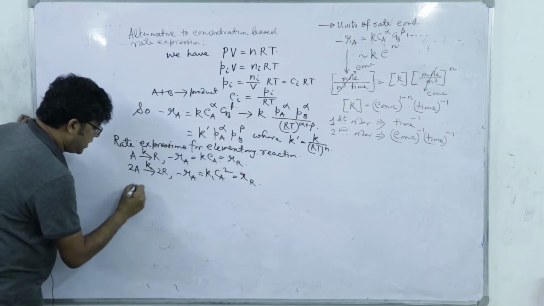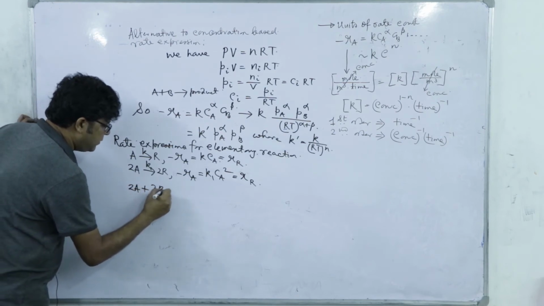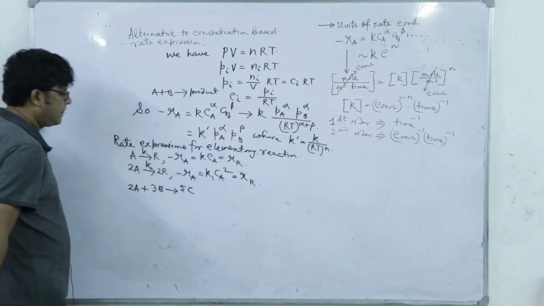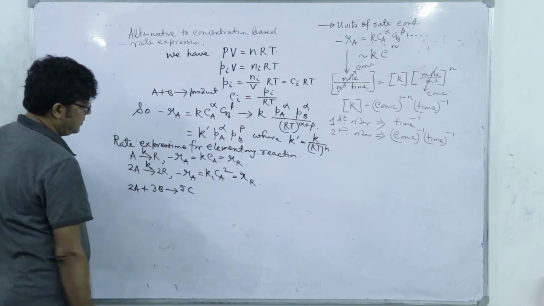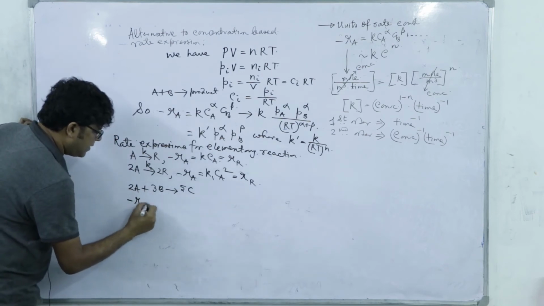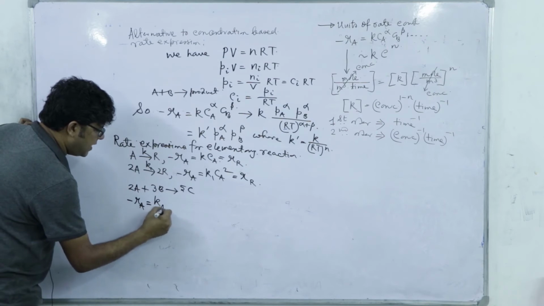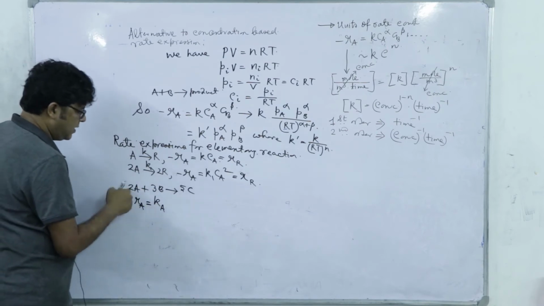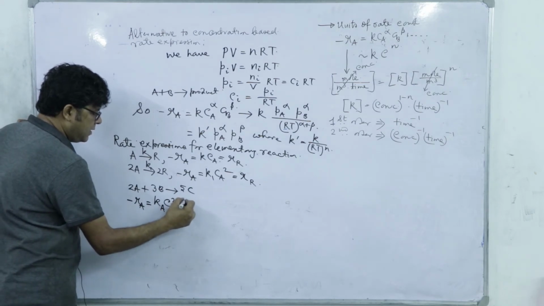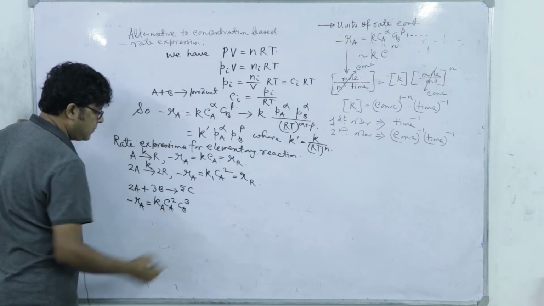However, if I write 2A plus 3B giving 5C, the rate expression for A, minus Ra, is equal to Ka, with respect to A, Ka into Ca square into Cb cube.